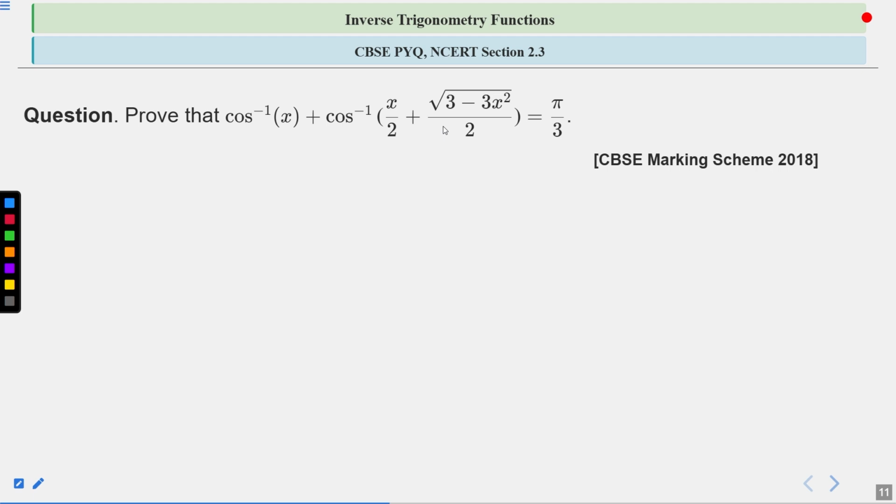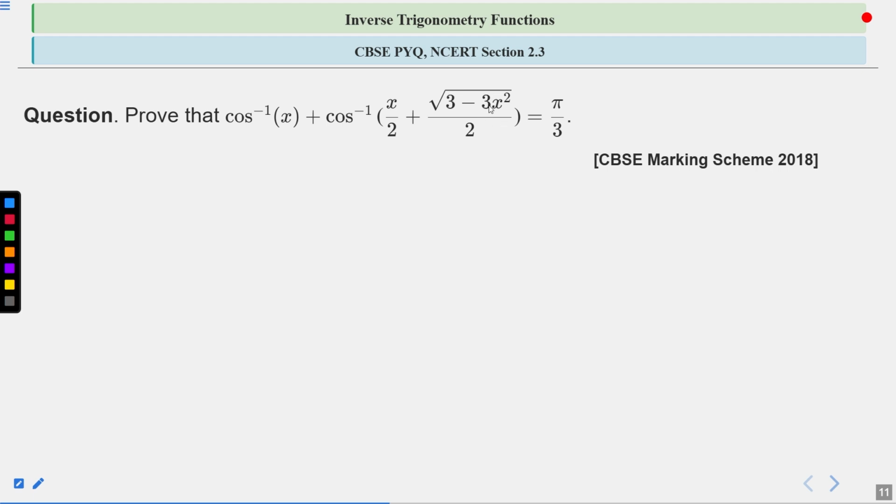So what can we do? Again we can use the substitution method. We can put x equal to cos theta, and then this expression will be further simplified, because cos inverse cos theta will be equal to theta, and here it will be cos theta by 2 plus root 3 by 2, where 1 minus cos square theta will be sin square theta, and root over sin square theta is again sin theta.